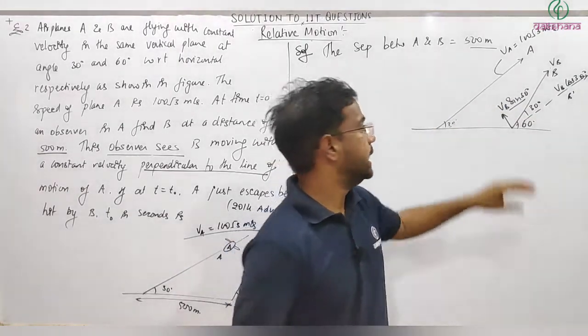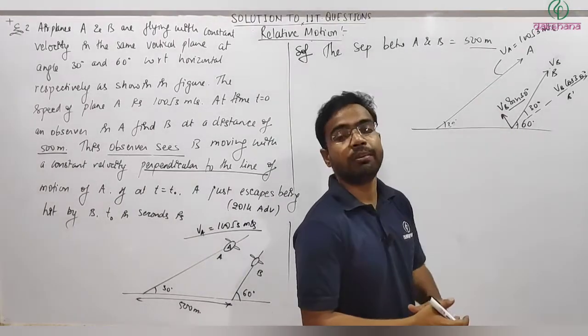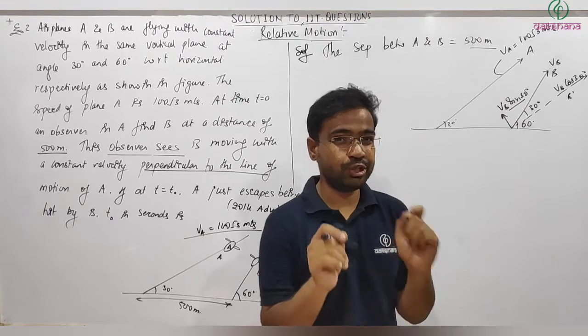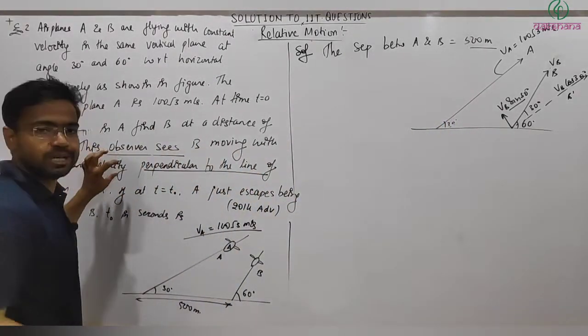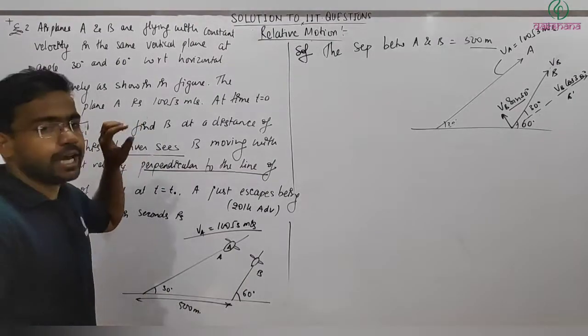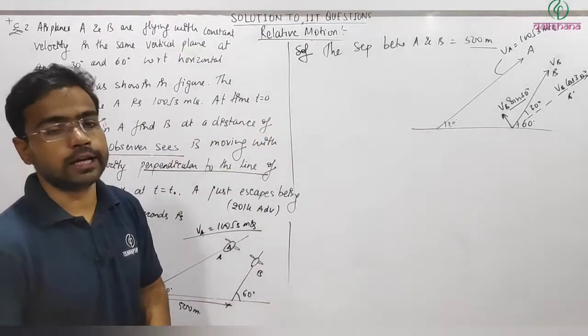Then only will observer A feel B is flying towards plane A. This statement is quite important. You need to look at every statement in the question properly, because based on that we get the condition.